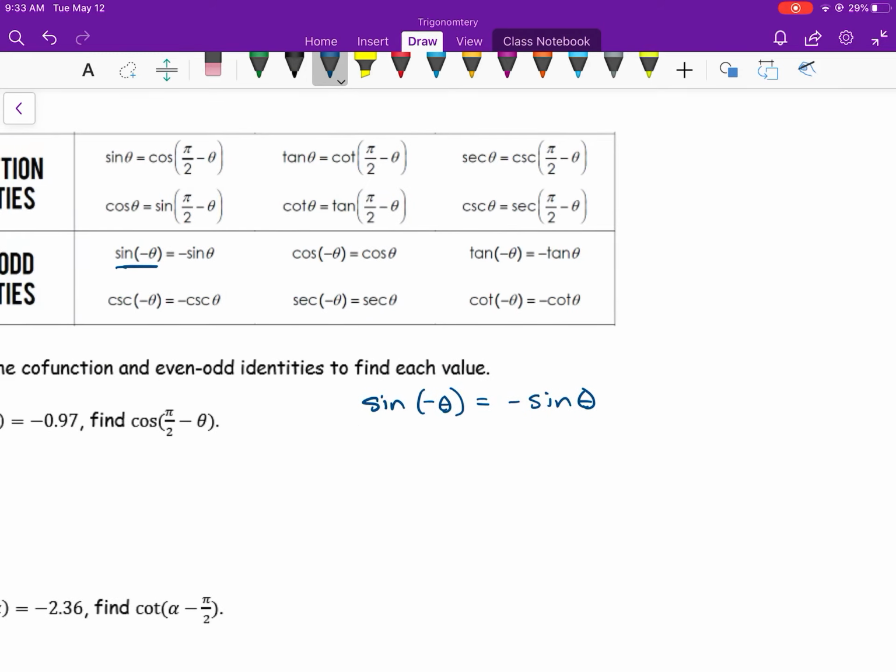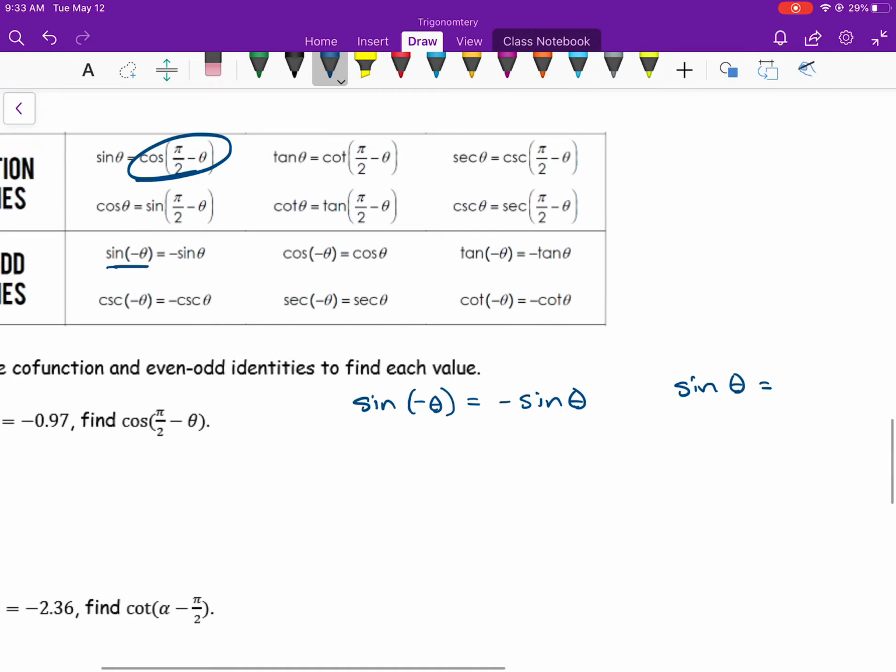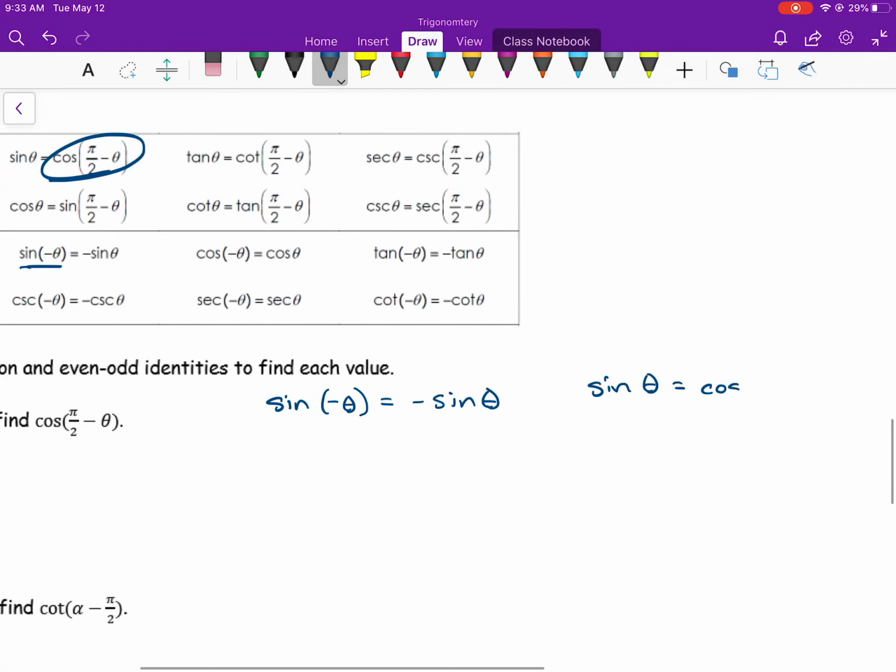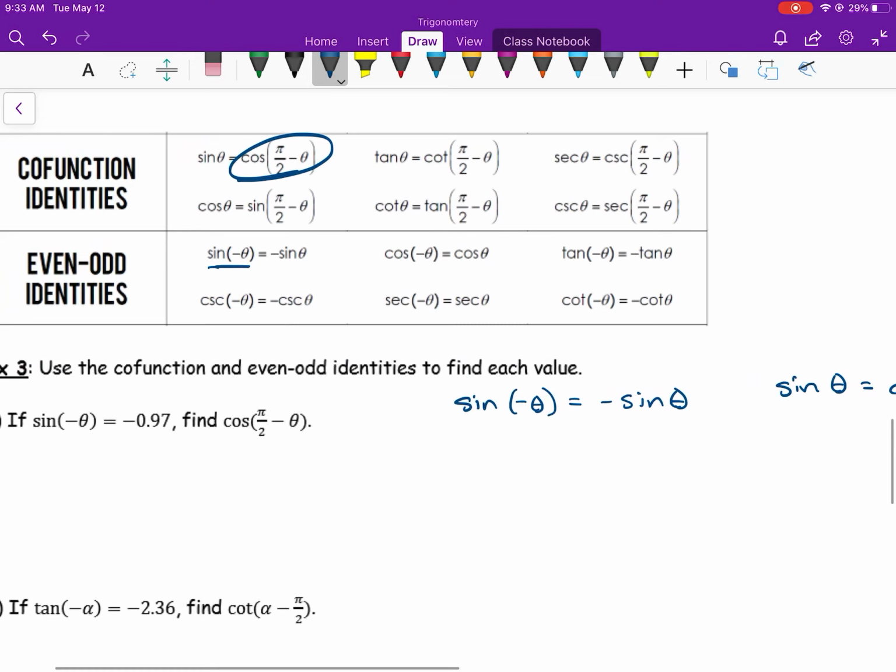And I have cosine of pi over 2 right there, which means sine of theta is equal to cosine of pi over 2 minus theta. So we need to work from what's given here all the way to that.